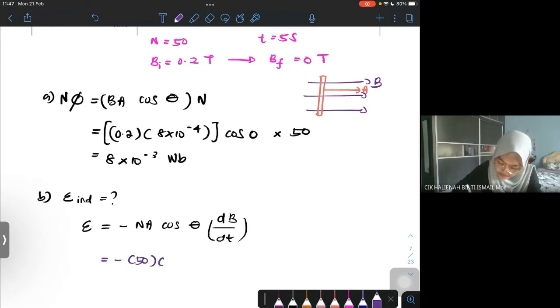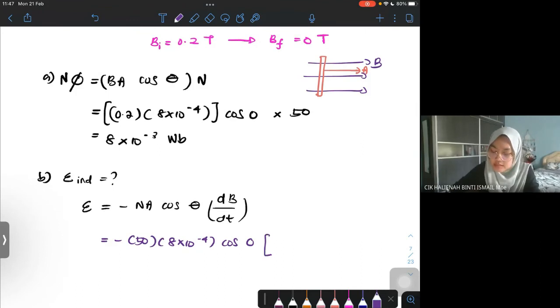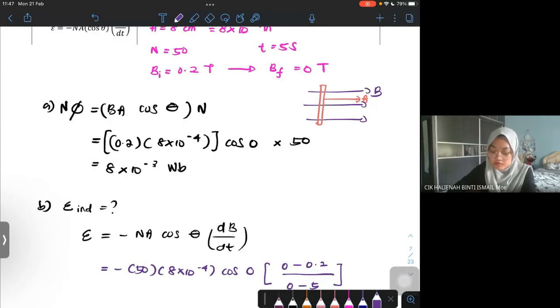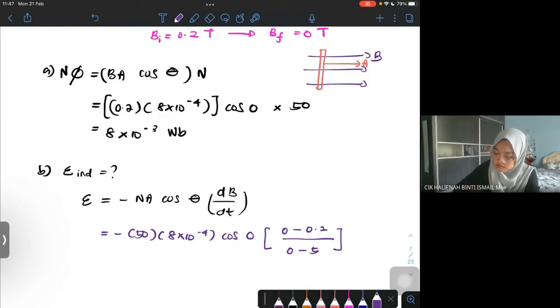N is 50, area is at exponent negative 4. Angle is 0. And then dB over dt is final minus initial, divided by 0 minus 5. So initial time is also zero. Sorry, back. Final minus initial.